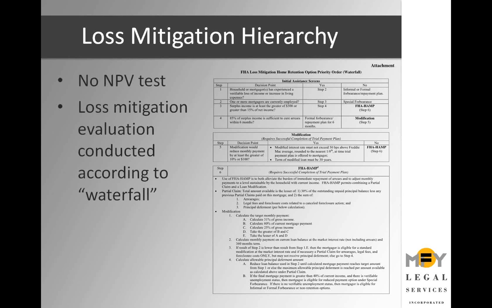All the loss mitigation is conducted according to this waterfall, which is extremely confusing, which is why we have a 1-hour presentation on it today. Not shown in this big chart that I'm highlighting with my mouse is an additional footnote, which contains two of the options that we'll be talking about, which has caused a lot of confusion.